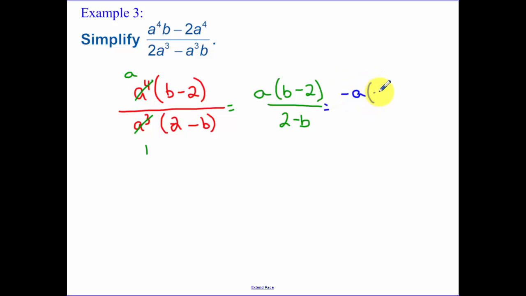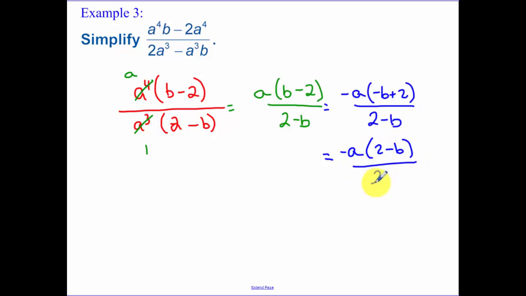I'm left with a -b plus 2. Or rewriting that, what we have is a 2 minus b, again over a 2 minus b. So now even more cancels, and we're just left with a -a.